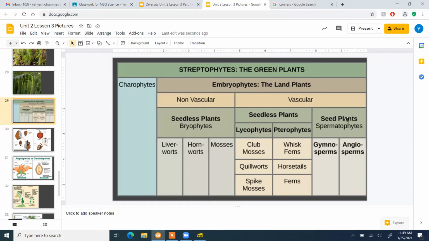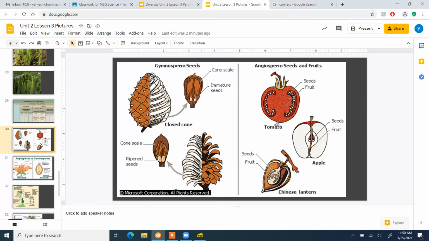Within seed plants, there are two different types: angiosperms and gymnosperms. So what is the difference between an angiosperm and a gymnosperm? An angiosperm produces flowers.